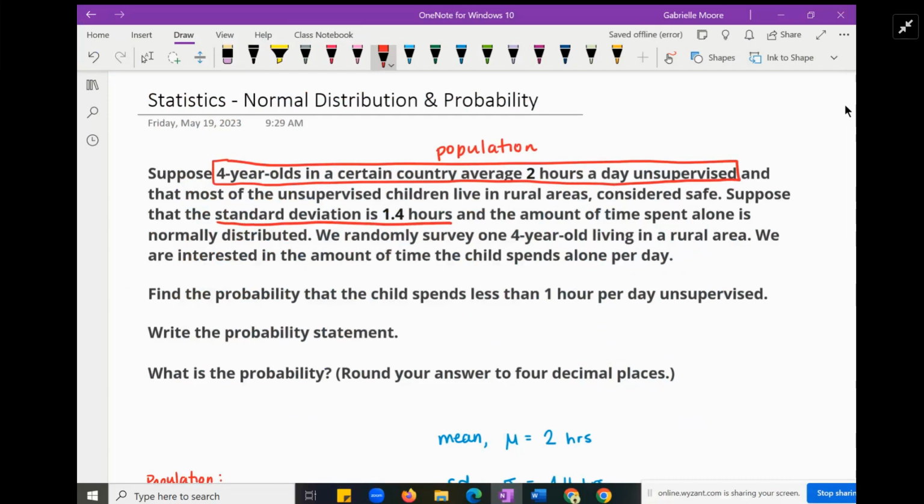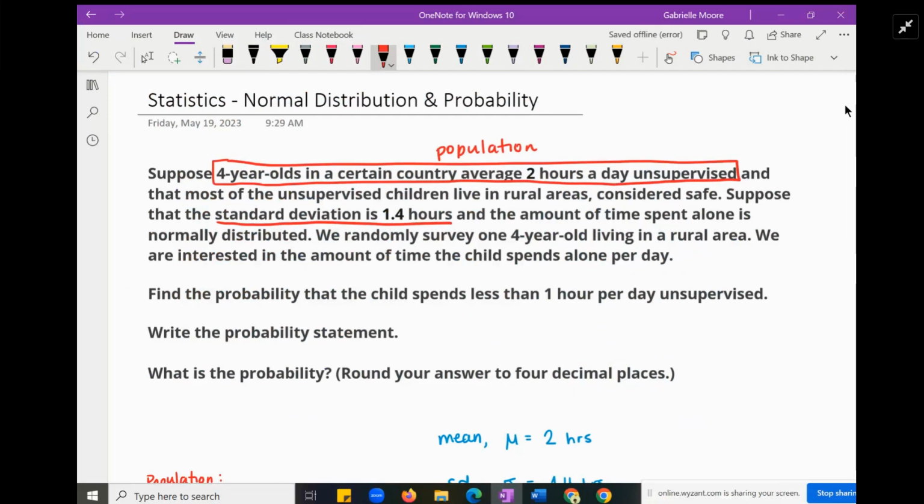And this is really important because maybe at this point in the course you're just getting started with normal distribution and probability, and later on you're going to see there are other formulas that deal with different contexts or other pieces of information.